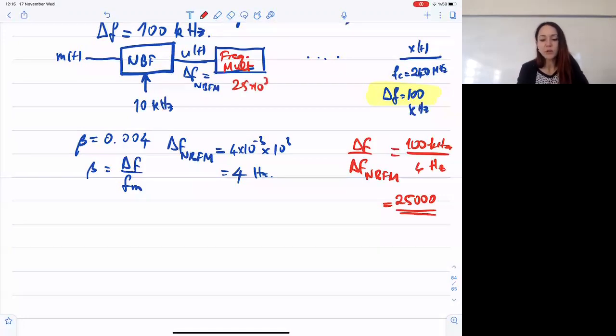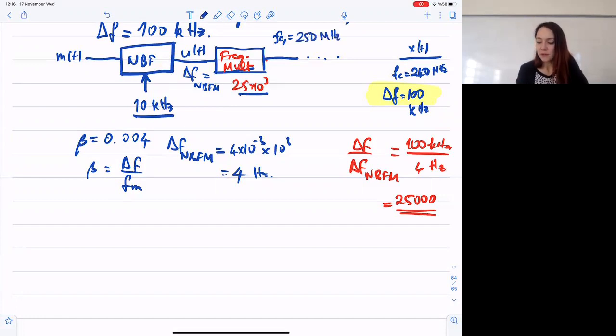Okay, so now what do we do? What happened after the frequency multiplication? What kind of signal do we have? The center frequency has been moved to 25 times 10 to the 3 times 10 times 10 to the 3, right? 250 megahertz.